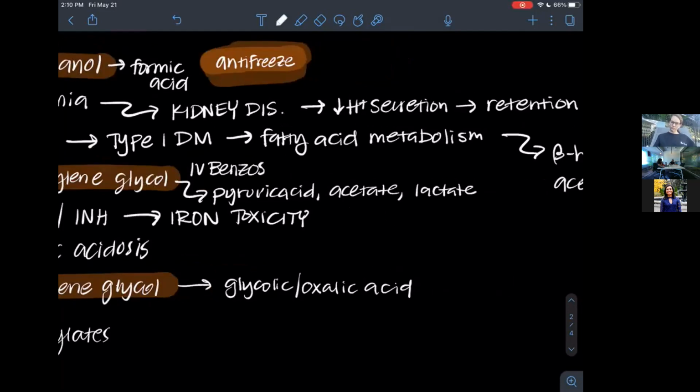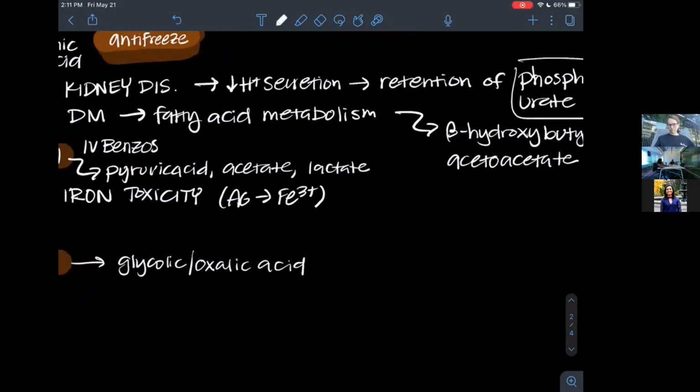Your main anion gap cause is going to be your ferric ion, Fe3+. Ferric is Fe3+, ferrous is Fe2+. Okay, so with iron toxicity, you're going to see ferric ions, and that's going to cause your anion gap. You'll also see lactic acid, but we'll talk about lactic acid in a sec.